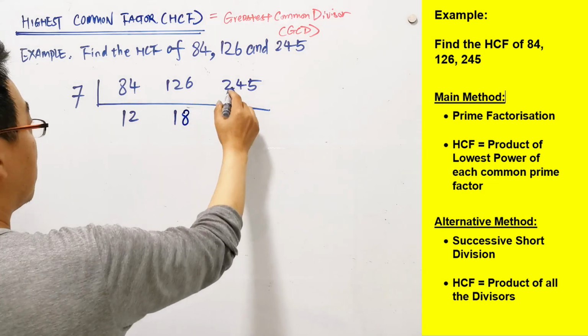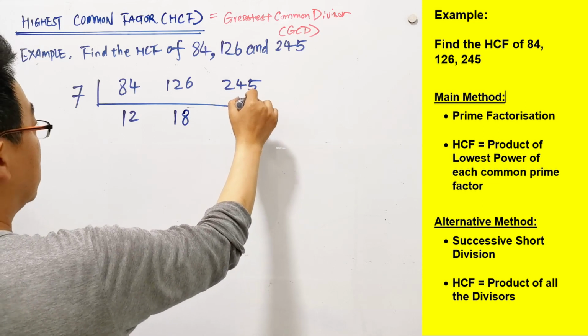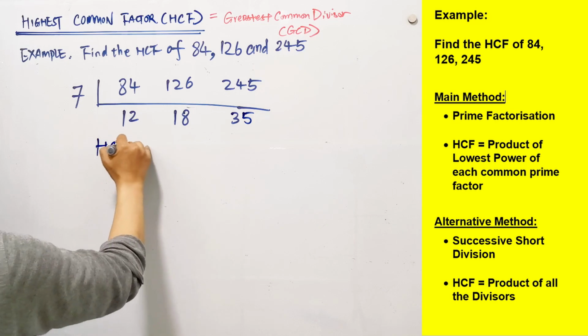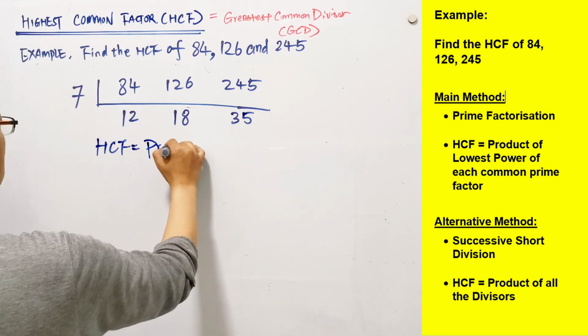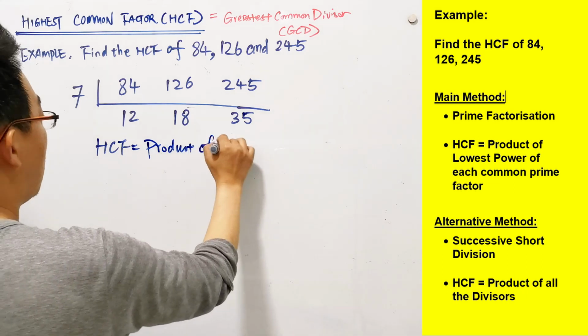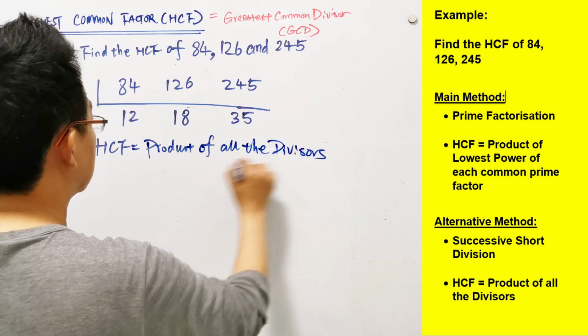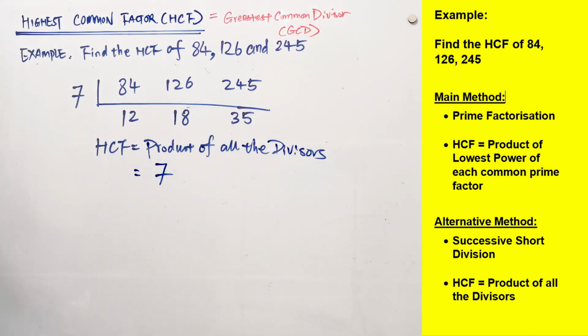So it's 12, 18, 35. Then the HCF is the product of all the divisors. In this case the only divisor is 7. Okay, we get answer 7.